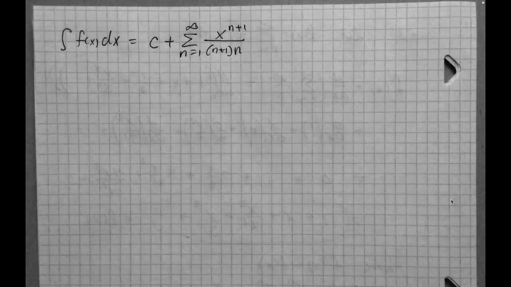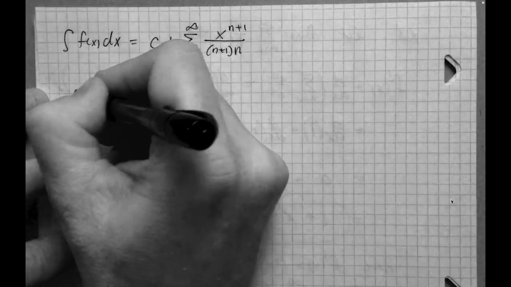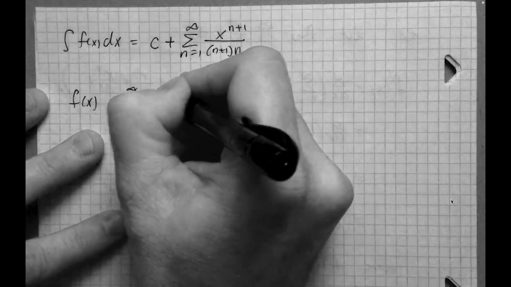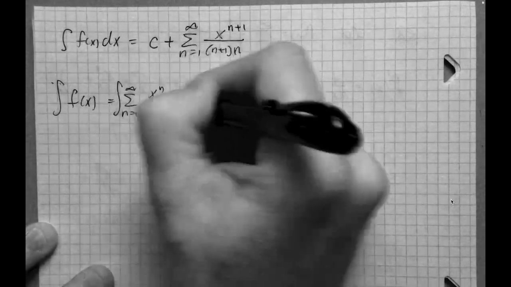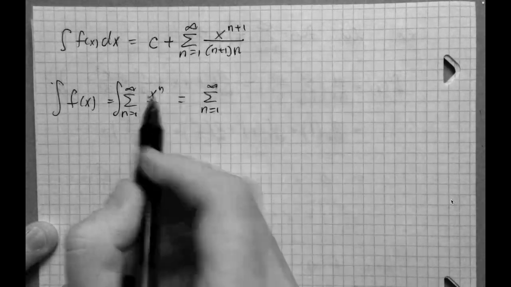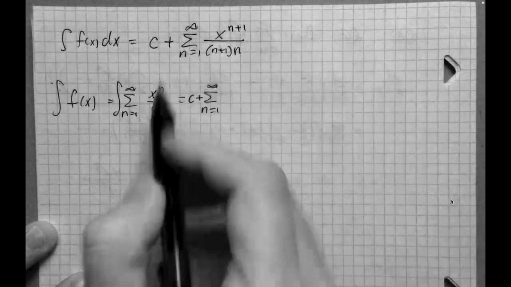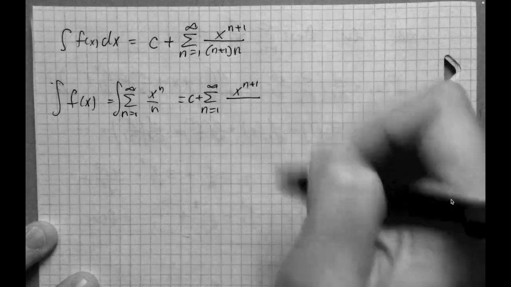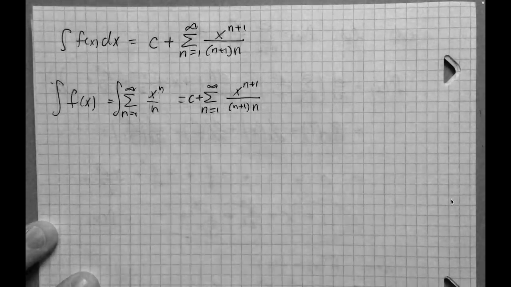Remember, the original function f of x was the sum from n equals 1 to infinity of x to the n over n. To integrate, we increase the exponent by 1 and divide by that as well. That's where you get the n plus 1 on the bottom times the n.